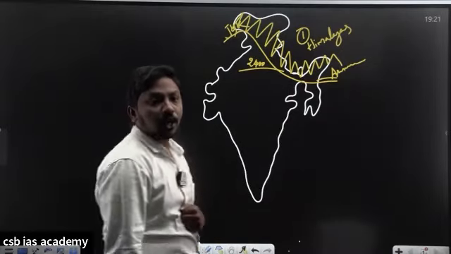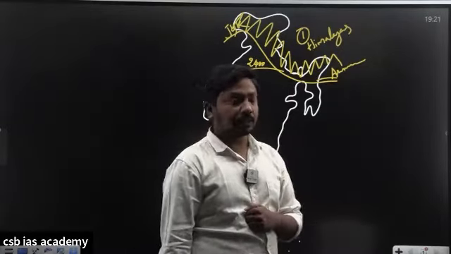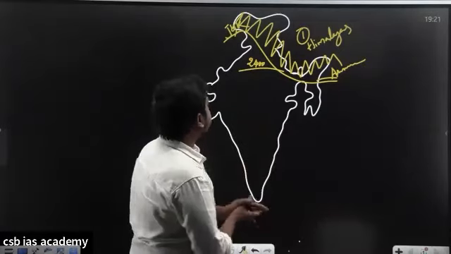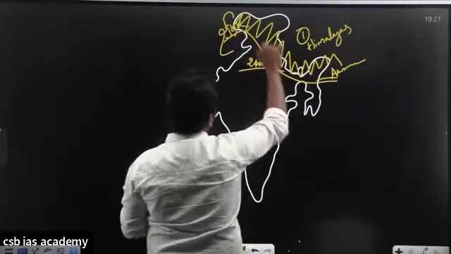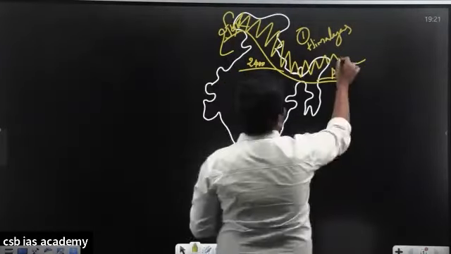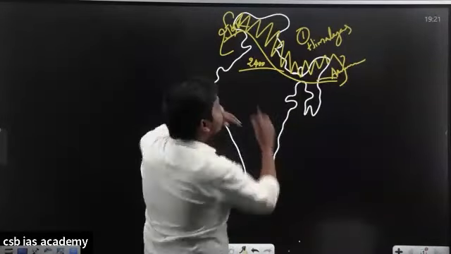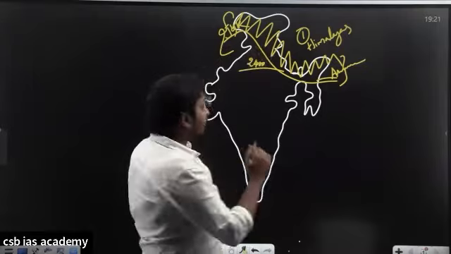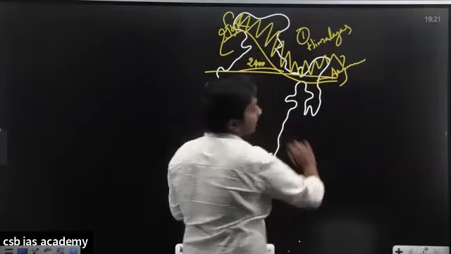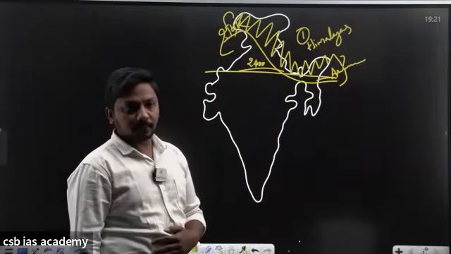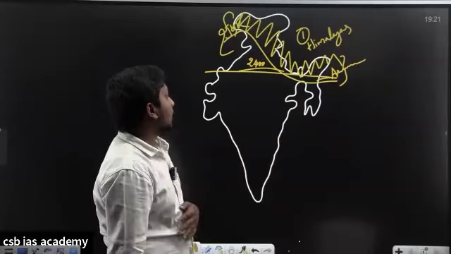How many kilometers, sir? 2,400 kilometers. These mountain ranges are wider in the western part and less wide in the eastern part. They extend from west to east, as you can see here, right?